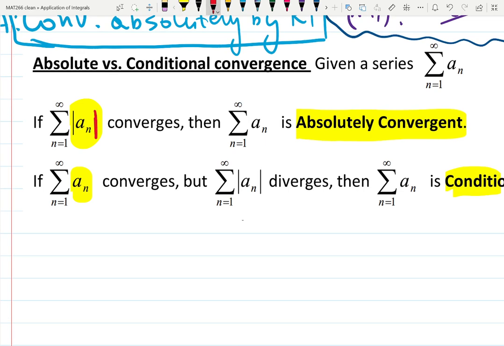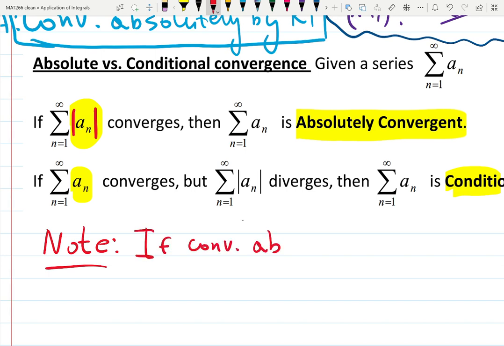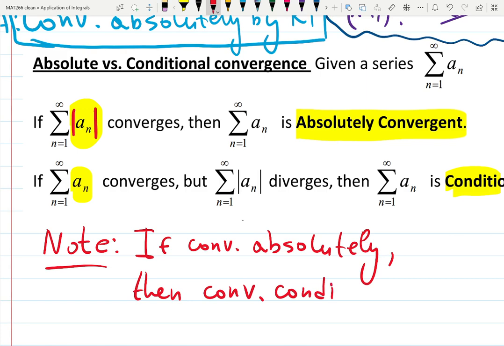So basically, absolute value matters. If it converges with absolute value, then it's called absolute convergence. Absolute convergence is a strong condition, which means, note, if it converges absolutely, then it also converges conditionally.